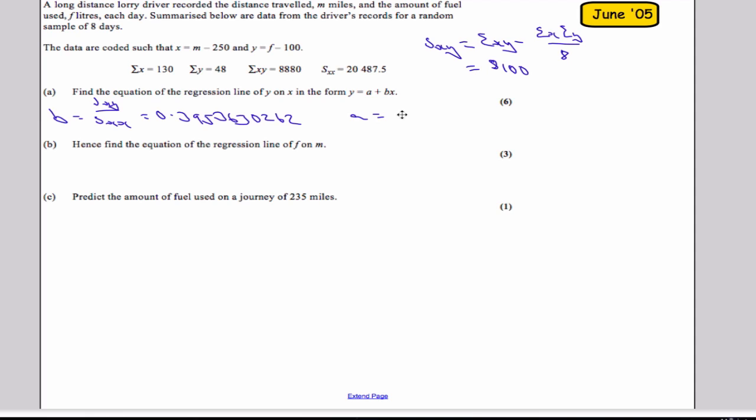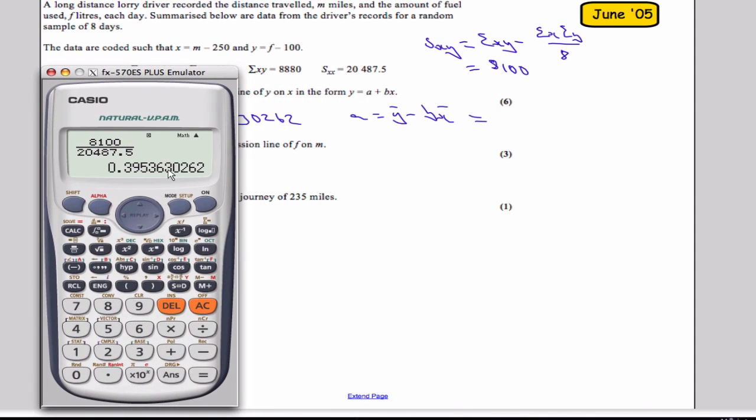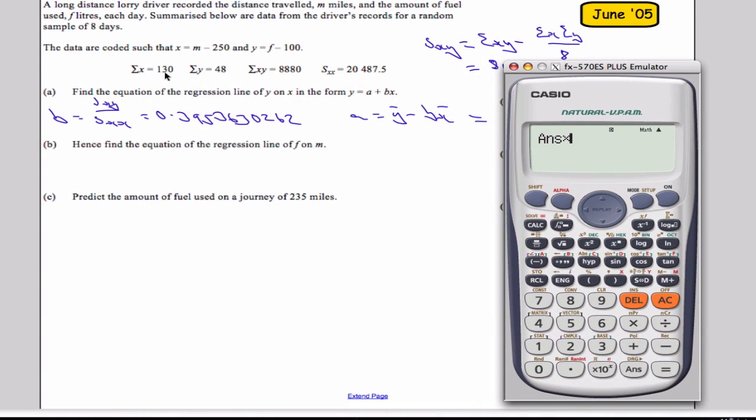a equals y bar minus b times x bar. Let's try and do this in one go. Right, that's the value of b. I need to multiply it by x bar. x bar, in this case, is going to be 130, the sum of the values of x, divided by the number of days, 8.